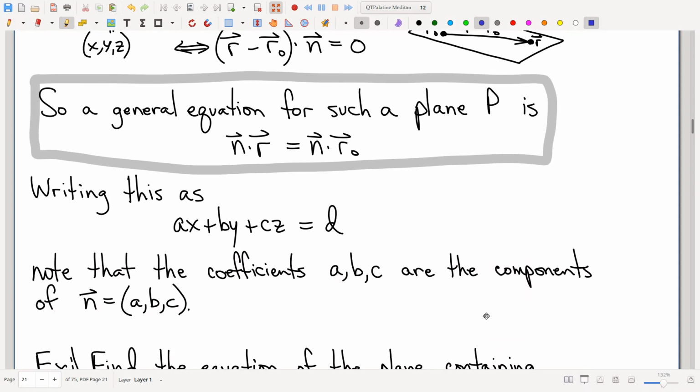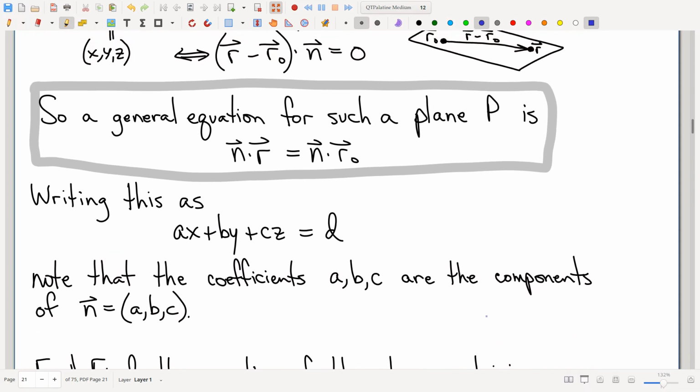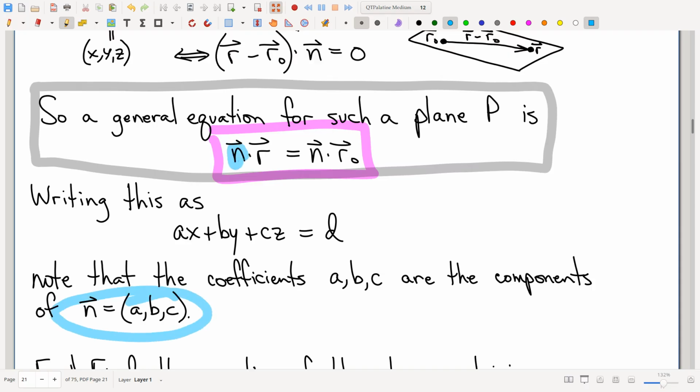Okay, cool little observation to make, and by the way, real quick, this is my favorite form of the equation of a plane. On the other hand, you can take whatever coordinates you want to use for n, and crank out the dot product there.